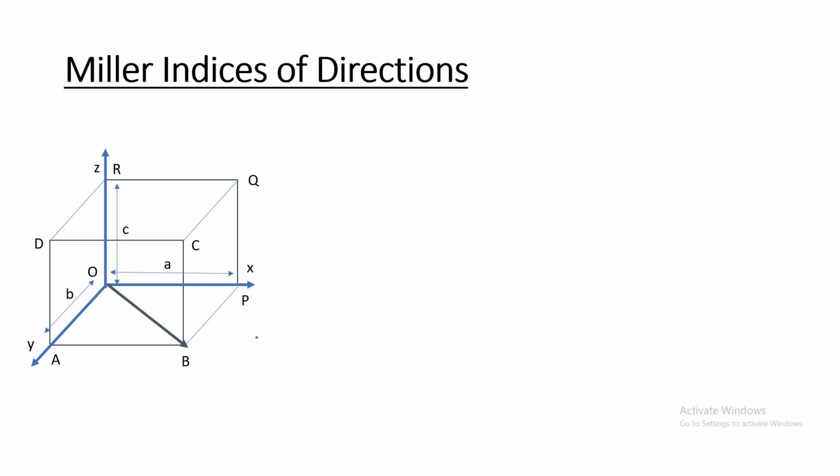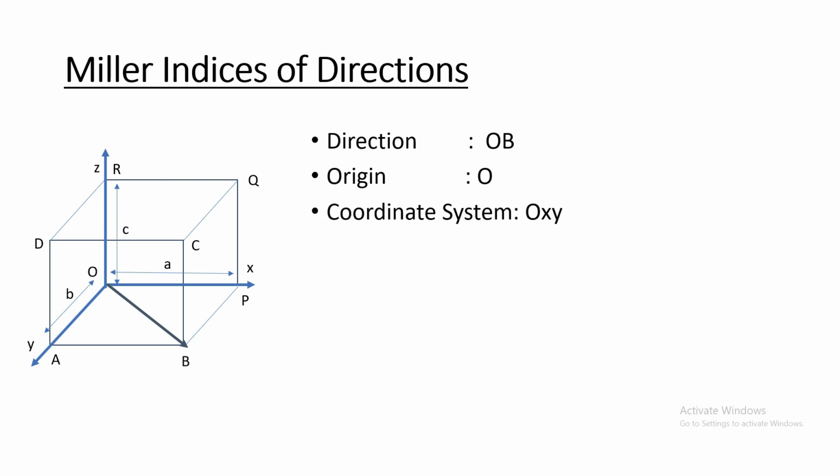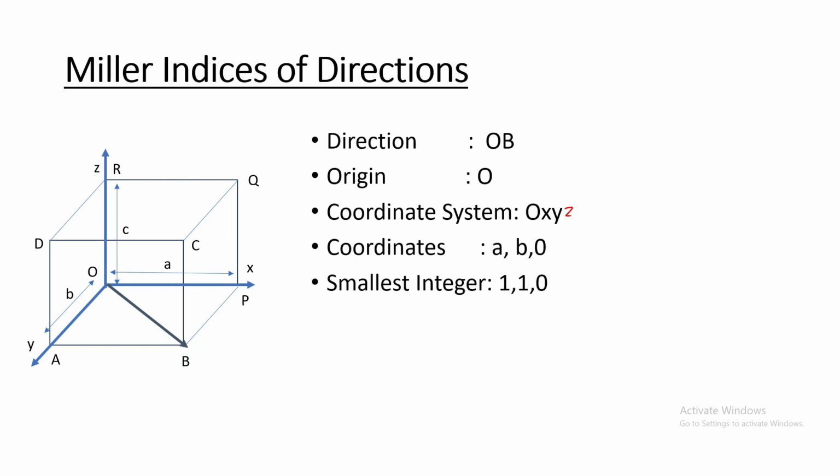Now we will find the Miller indices for the direction OB. The first step is to select an origin in the direction. We select the coordinate system with this origin, OXYZ. Now we will find the coordinates of a point in this direction, that is B. So we will find the coordinates here as A, B and 0.